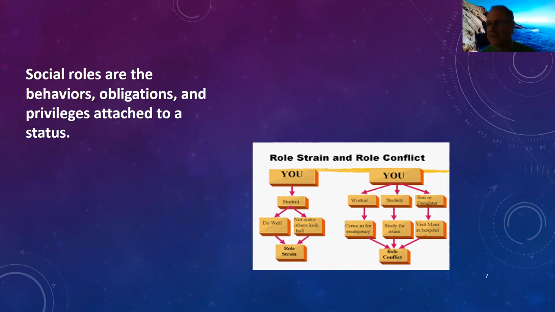Role conflict is when you have conflict between roles. So on the right-hand side of your screen, you see you, and you have three different statuses. You are a worker, you are a student, or you are a son or daughter. And as a worker, you can go in to work because they need you immediately.